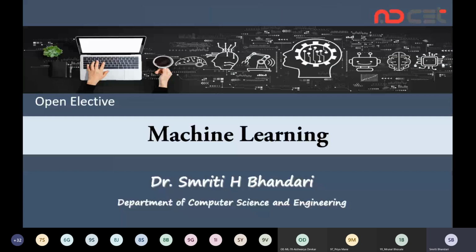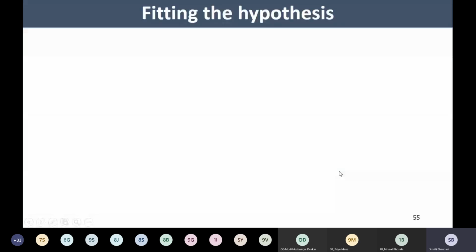So today we are going to continue with one really very important concept related to hypothesis, and that is fitting the hypothesis. You might be aware of this term, fitting a function, right? You might have studied this in statistics.